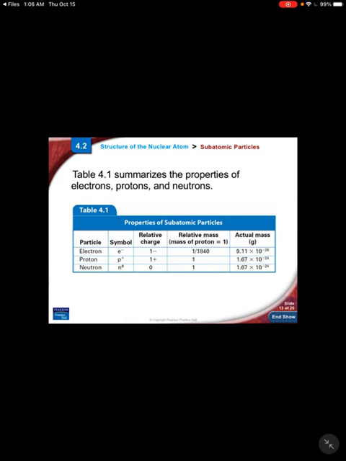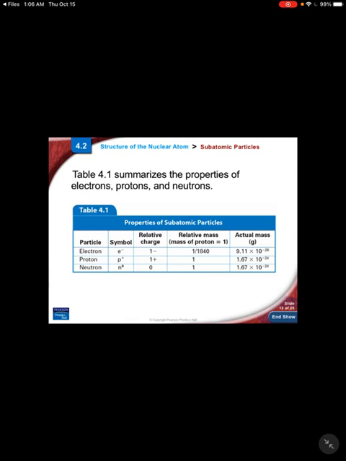He was able to deduce the charge on the electron, and as a result, they were able to take Thomson's charge to mass ratio and, given the charge, determine the mass of an electron, and they're extremely small. It would take approximately 1,840 of them, given the ratios we're using today, to equal the mass of 1 proton or 1 neutron.